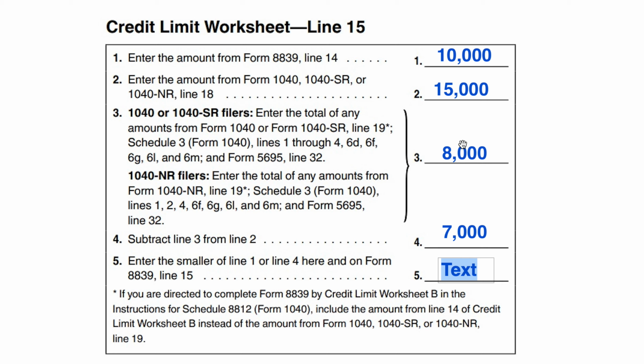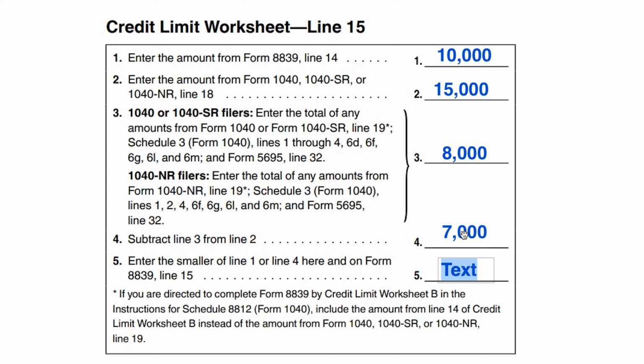So in this situation, let's just assume that we had $8,000 of total tax credits that we're going to put in line 3. That means all of these tax credits added up to $8,000. So we're simply going to subtract that, and now we have $7,000 of tax liability left over.